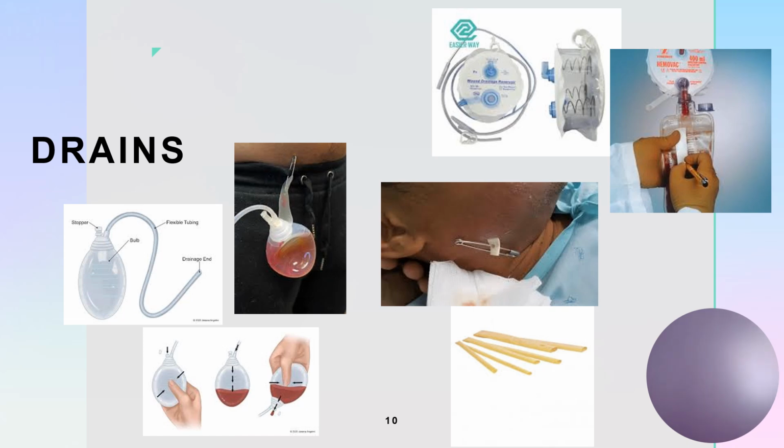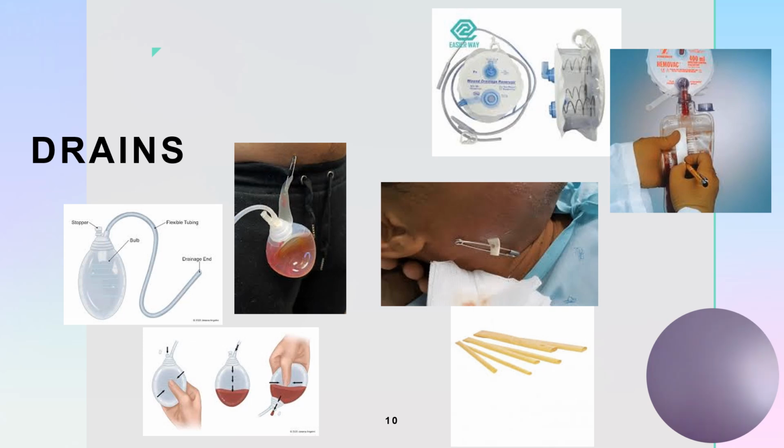It's usually going to be placed through a separate opening in the client's skin. We call this a stab wound, and those drains might be sutured in place, which is very common to help prevent it from coming out before it's ready. And then we need to secure that drain in a way that it does not add any extra tension to the stab wound itself.